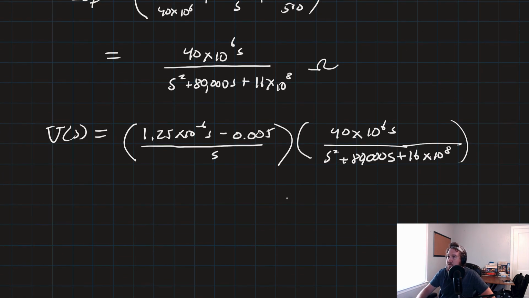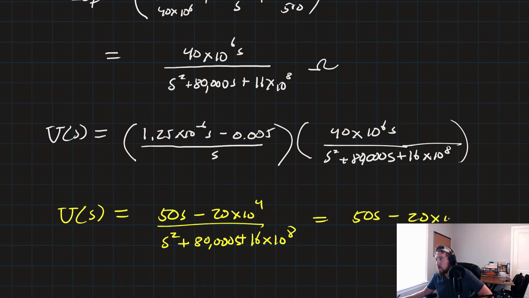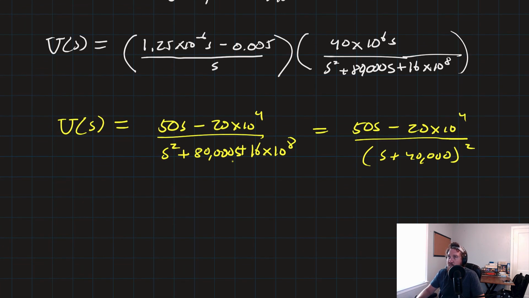And I'll leave it up to you to solve that, and from there we'll get a simplified version of our Vs, which is just equal to 50S minus 20 times 10 to the 4 over S squared plus 80,000 S plus 16 times 10 to the 8. We can actually simplify it slightly further and say that it's 50S minus 20 times 10 to the 4 over S plus 40,000 squared. So there is our value for s.